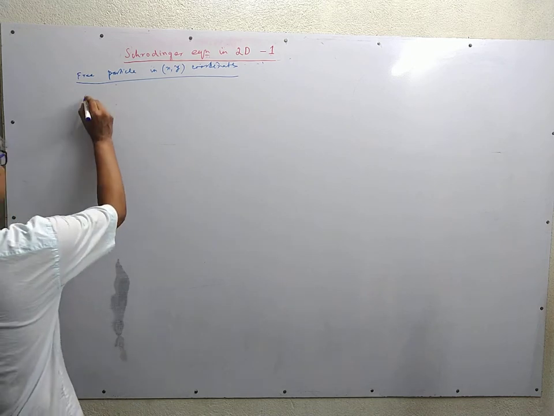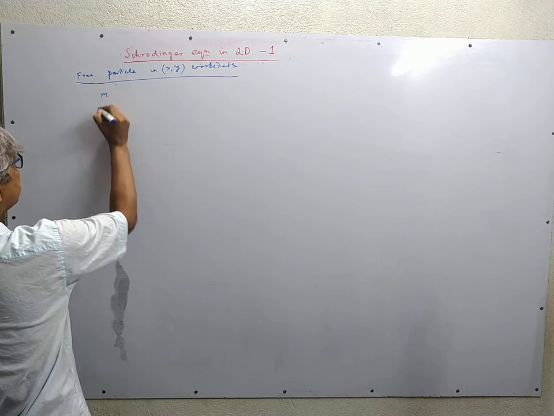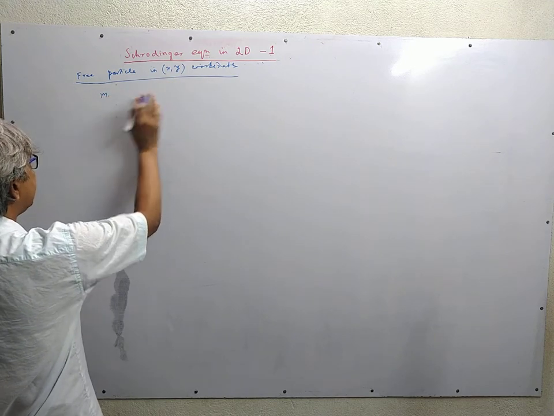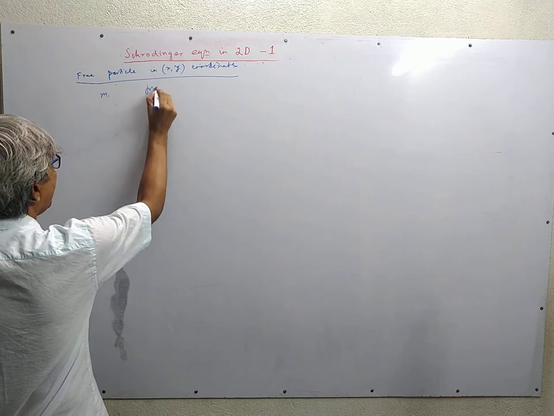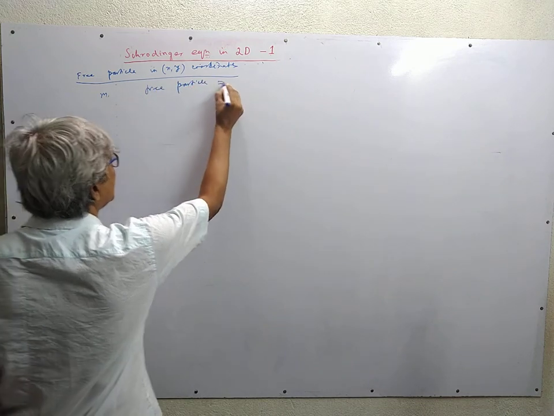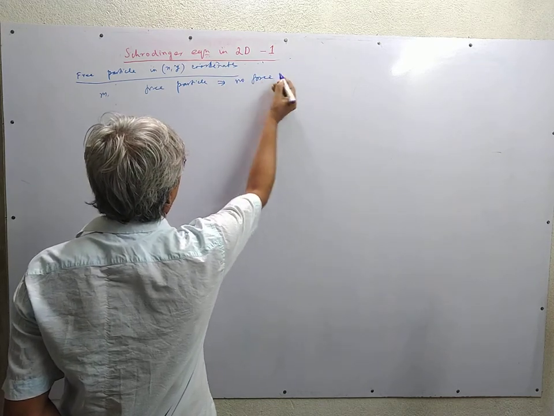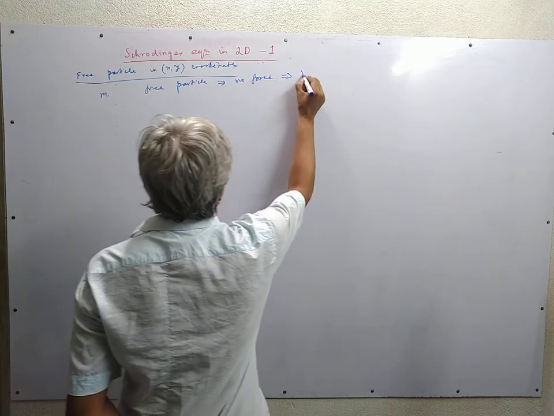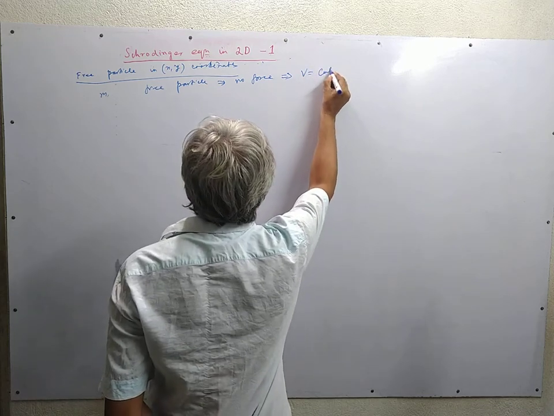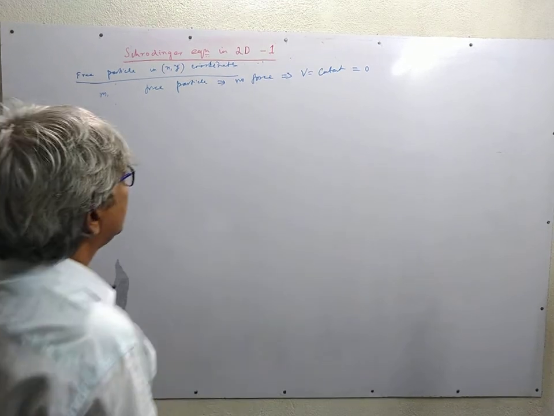So we consider a particle of mass m, and free particle means no force acting on it. That means V is equal to constant without any loss of generality. We assume it to be zero.